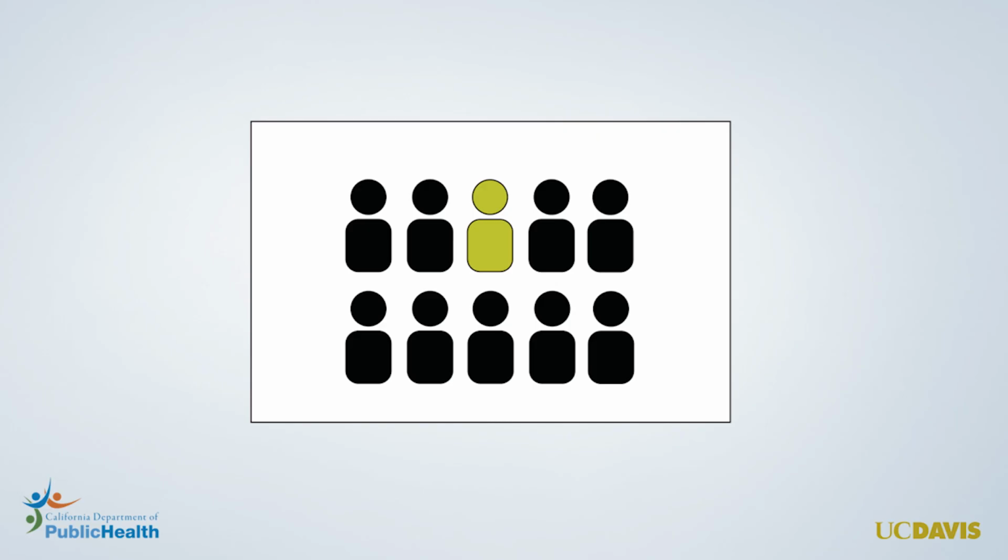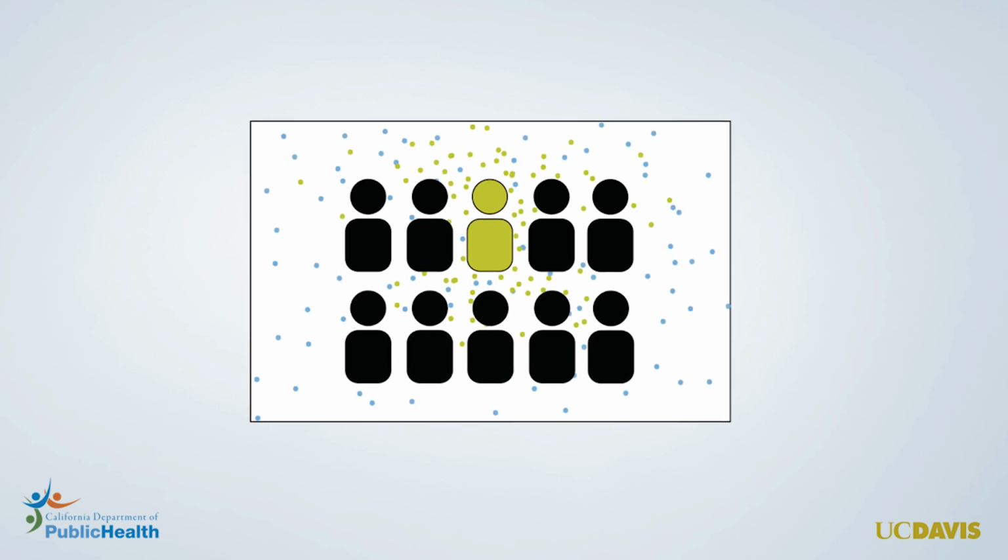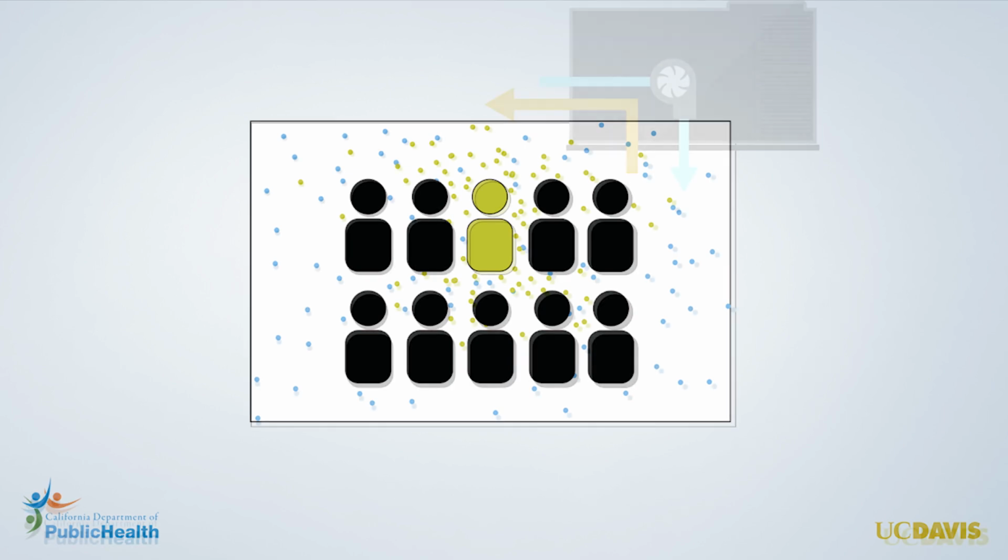To start, let's consider how the risk of disease transmission generally changes over time in a room. Imagine a room with no one inside. Suddenly 10 people come in and one of those 10 people is sick. Everyone is breathing and talking and maybe even occasionally coughing, exhaling particles into the room. Some of these particles might carry germs, and the risk that other people get sick starts to go up.